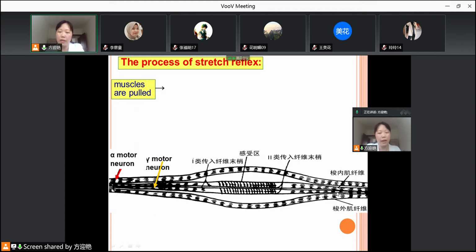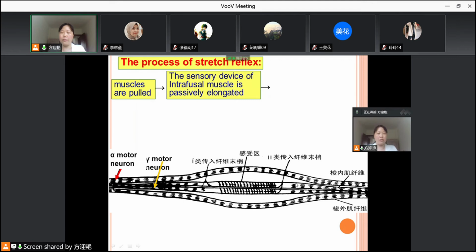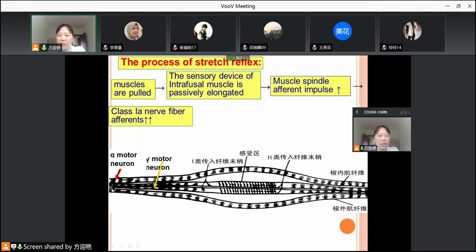When the muscles are pulled, first the intrafusal muscle fibers are passively elongated, and there is immediately a sensory receptor.